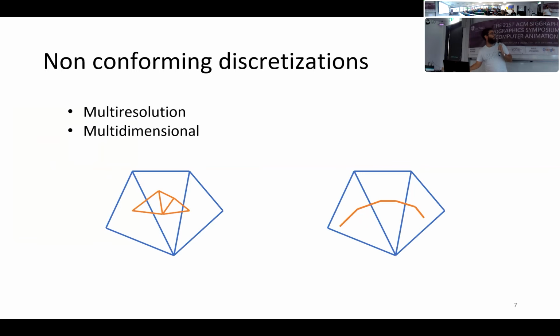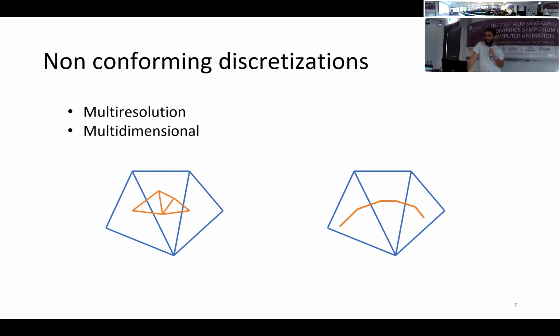So first of all, we are going to use non-conforming discretizations for our different discretizations of the simulation. If we need, for example, to achieve a multi-resolution simulation, we are going to put two meshes that don't need to share vertices. (Somehow the screen just broke for a moment.)